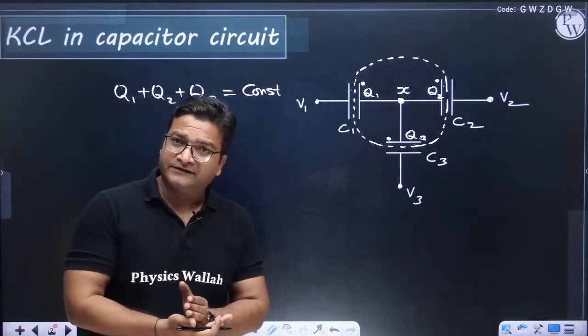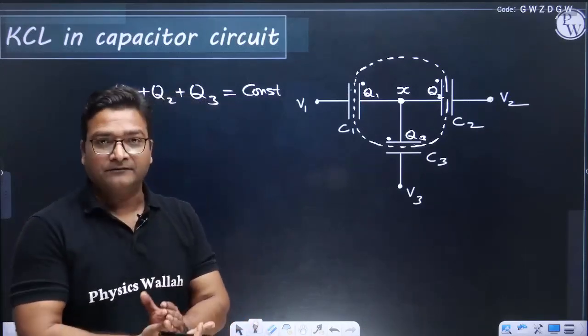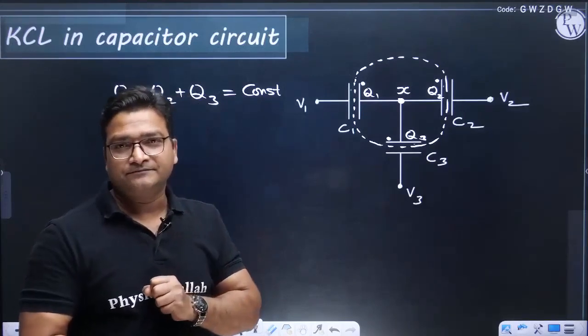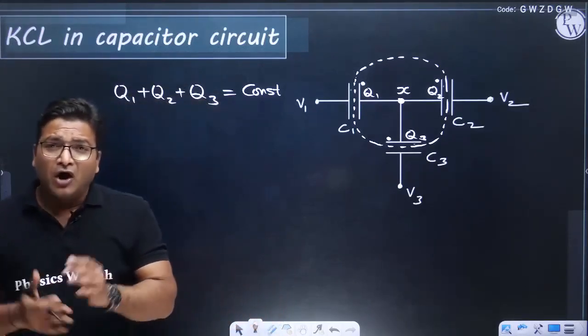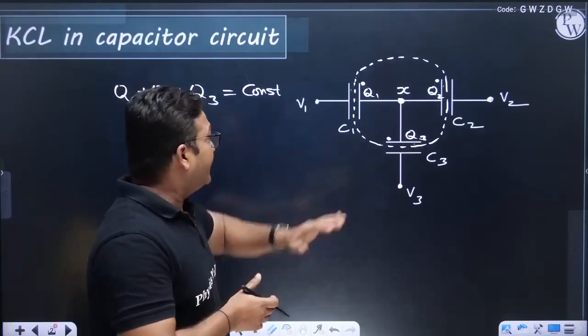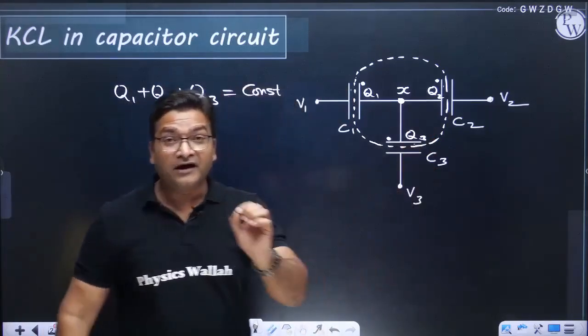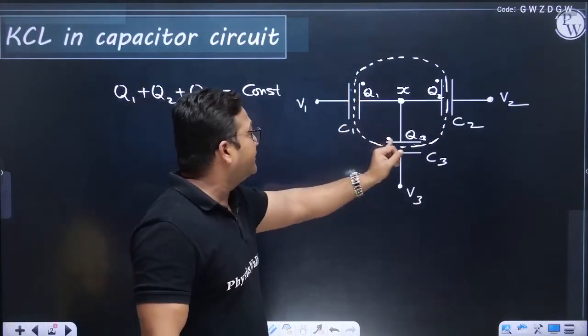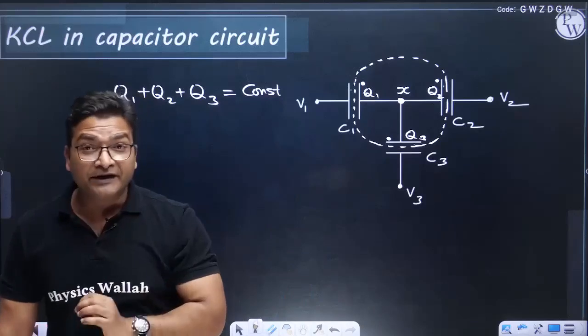If in circuits it is not specified that a few capacitors had some initial charge, then we assume all capacitors to be uncharged initially. And if all these capacitors were uncharged initially, obviously the sum of these 3 charges must be 0 initially.